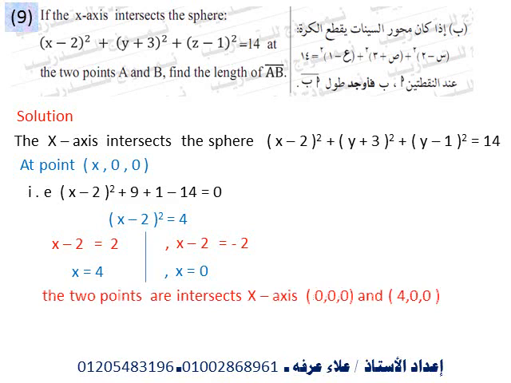Then the 2 points where it intersects the x-axis are 0, 0, 0 and 4, 0, 0. Then the length AB equals 4 units.